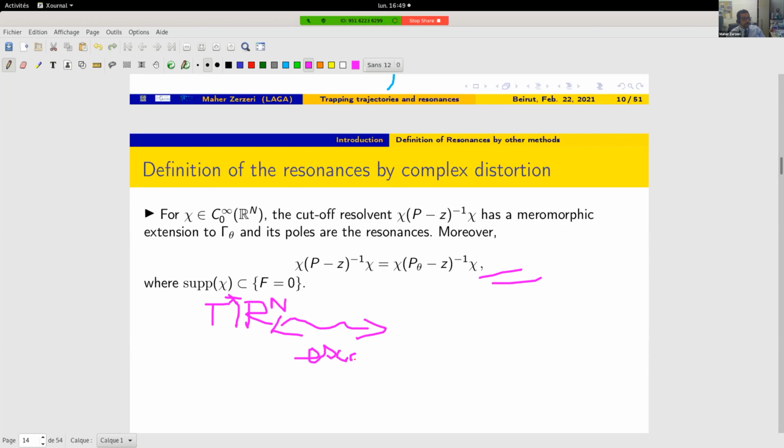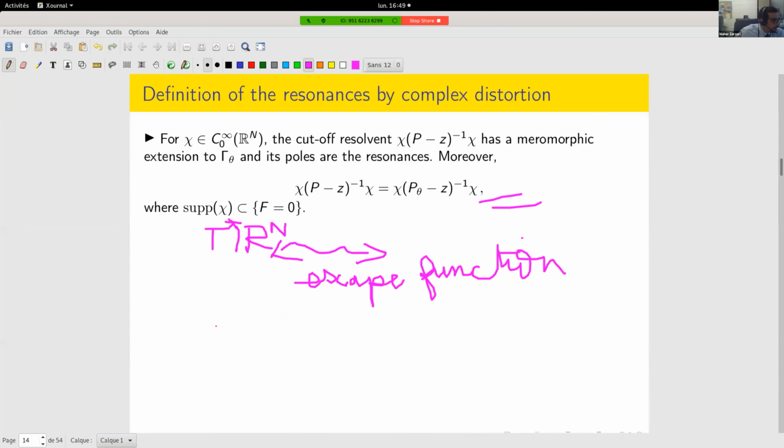So it's a generalization of this method, and this method was done in 86 by Helffer and Sjöstrand. And the very important thing is that these definitions are equivalent, and this is proved by Helffer and Martinez in 87. This is a very important thing.